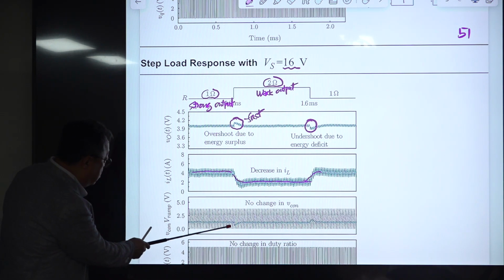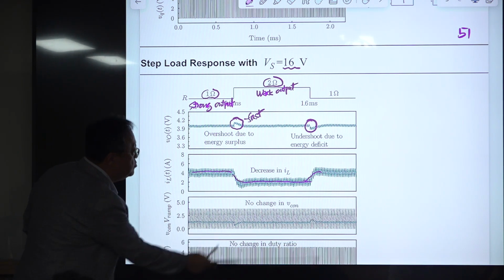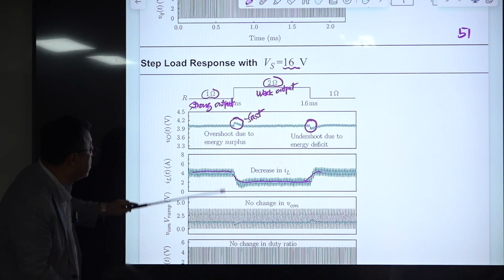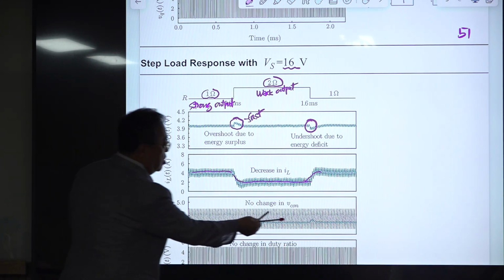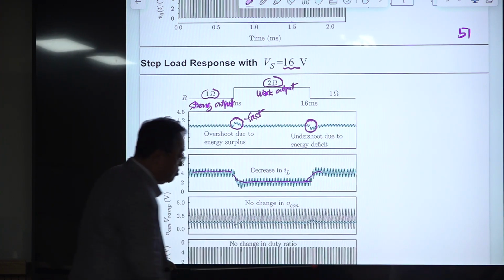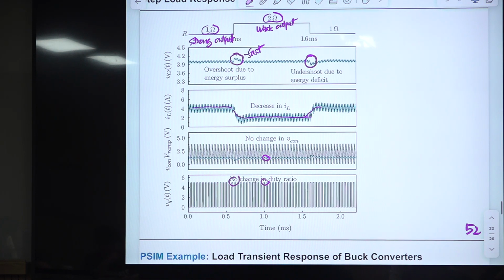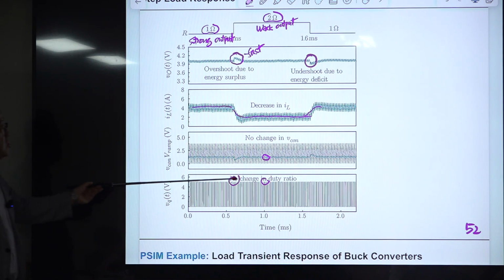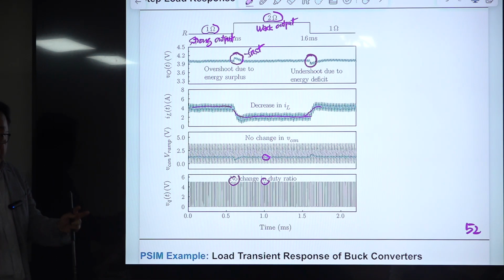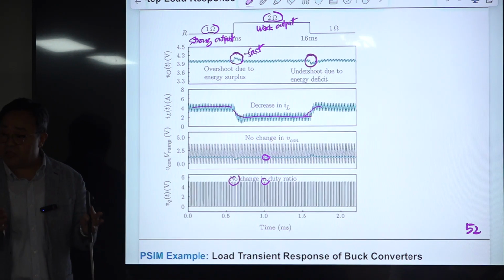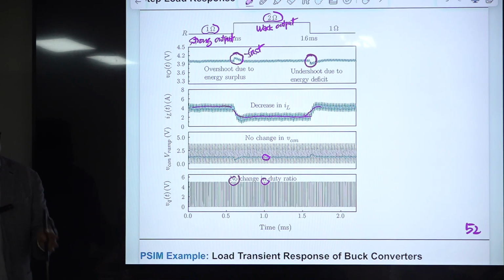And during this period of time, there are some transient waveforms in the control voltage, but in the steady state, the level becomes the same, and the duty ratio is changed during the transitional period, but in the steady state, this control voltage and duty ratio remain the same, because duty ratio should be the same as long as input voltage is fixed, regardless of the amount of output current.